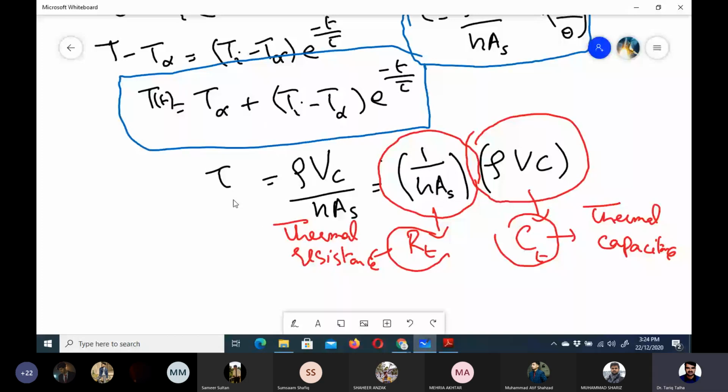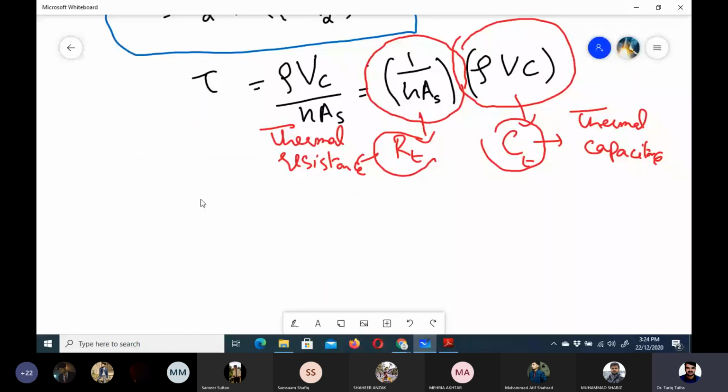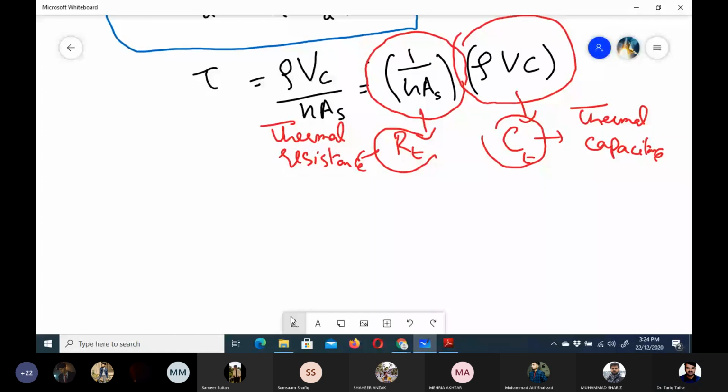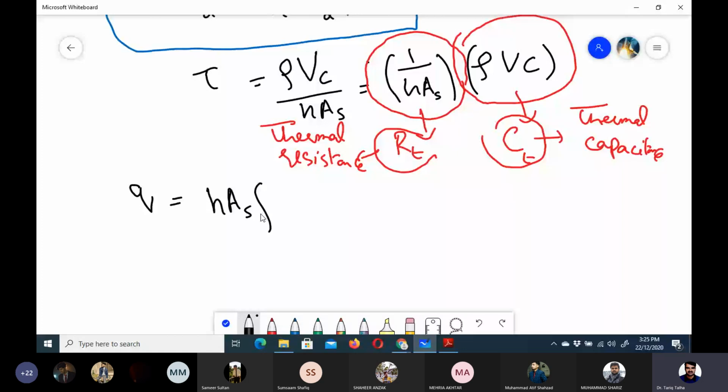by integration. Oh, sorry. So for that, here we write total amount of heat transfer, that would be Q is equal to, because in this the heat is being transferred by convection, we can write h A s into theta, which is basically T minus T infinity, into dt, over a time period.